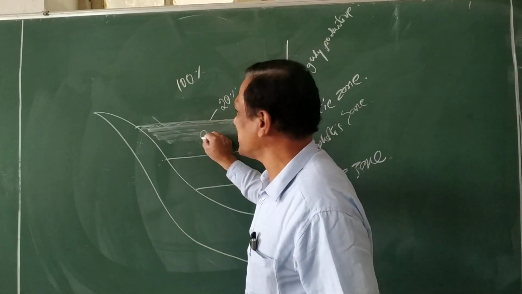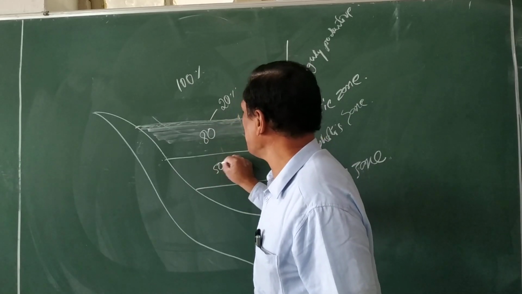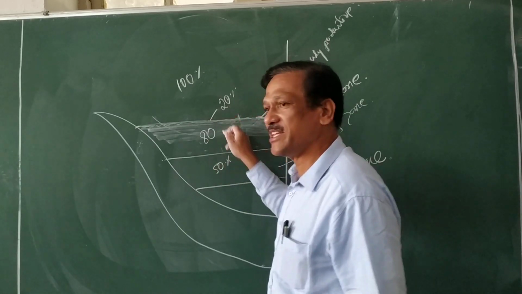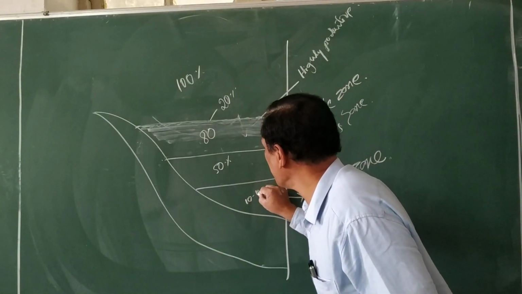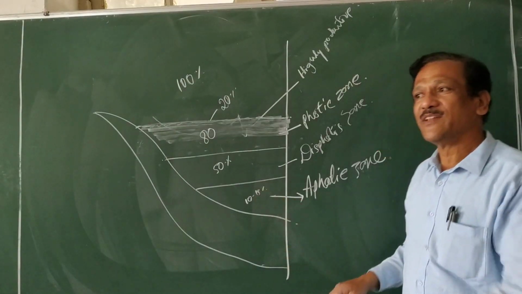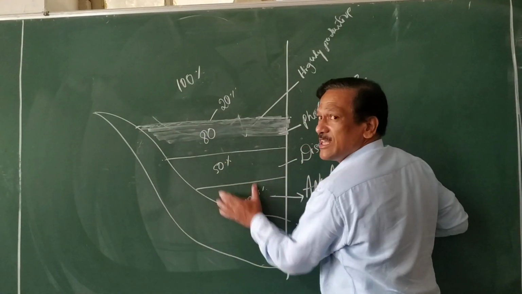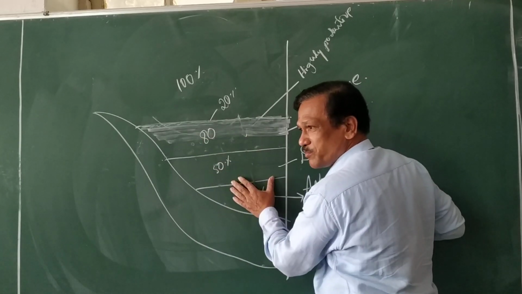Out of the 80% of light which penetrates, say about 50% penetrates in this photic zone, and only 10 to 15% of light penetrates in the deepest zone of water. That is because of the resistance offered by these water molecules.